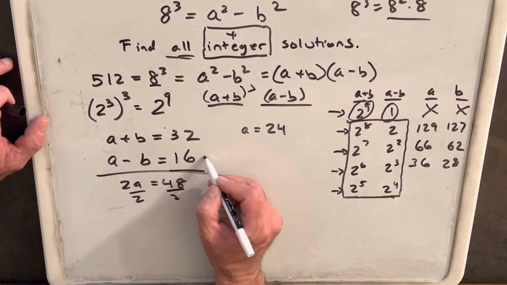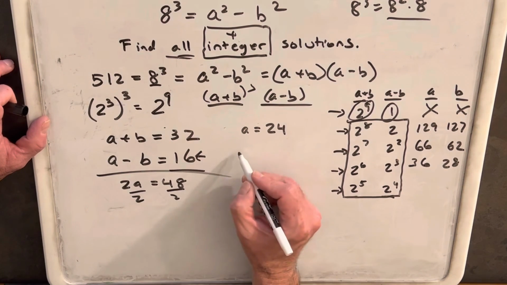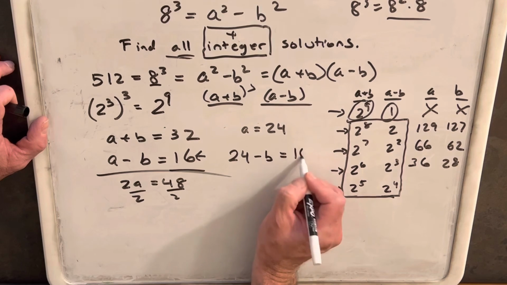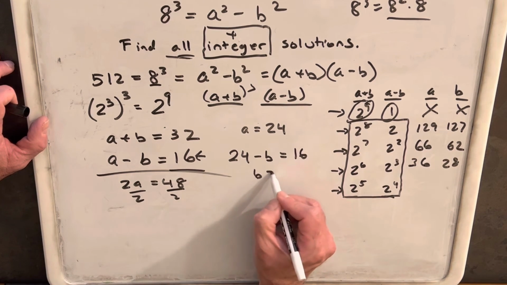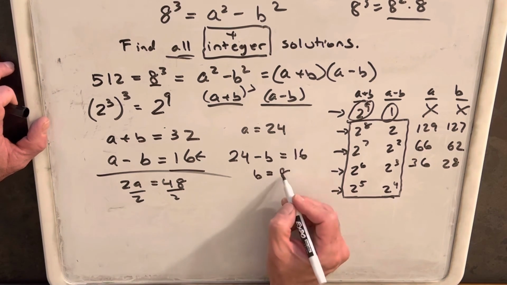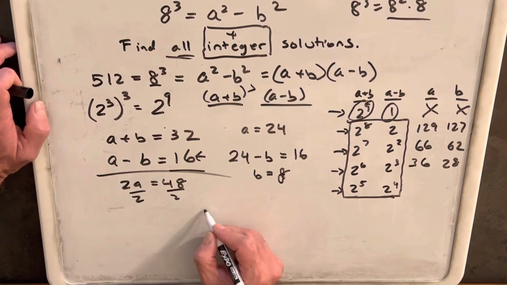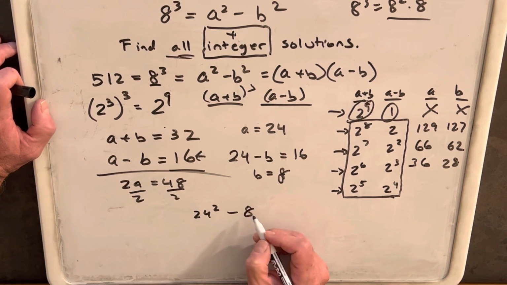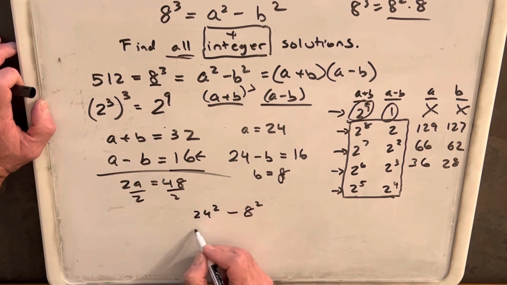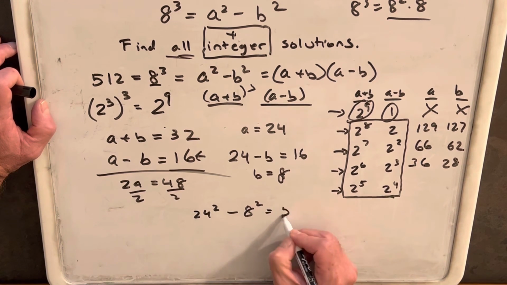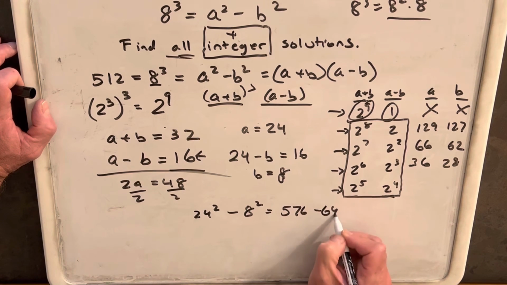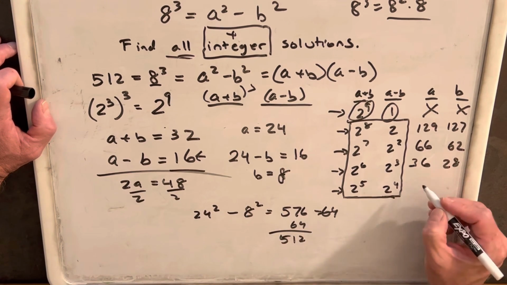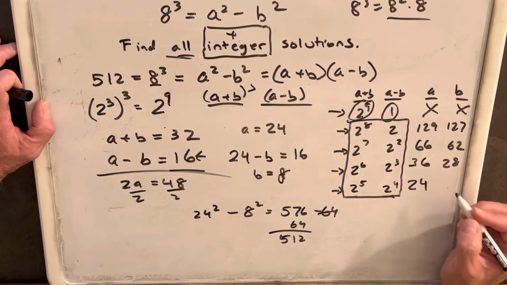But then we can use this equation just to find our b. We already know a. 24 minus b equals 16. So that means b equals 8. We'll do a quick check. 24 squared minus 8 squared is going to be 576 minus 64, and that is going to be 512. So we'll plug that in.